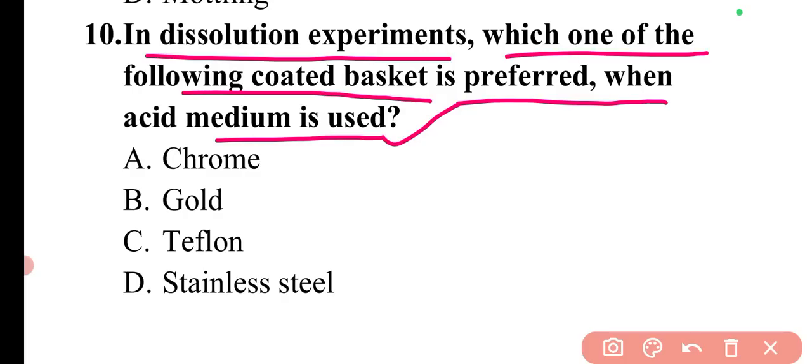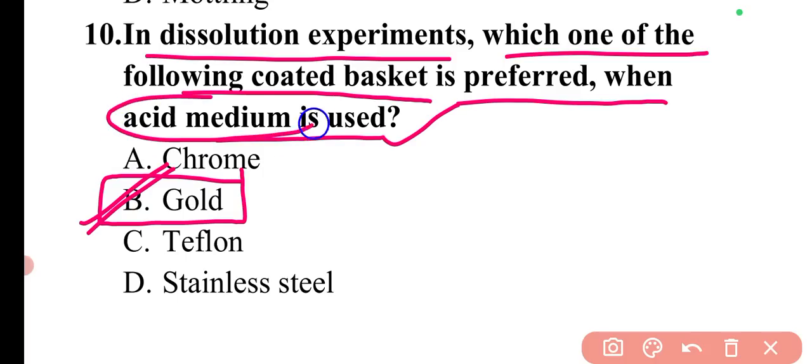So in dissolution experiments, gold coated basket is preferred when acidic medium is used. So here option B is correct.